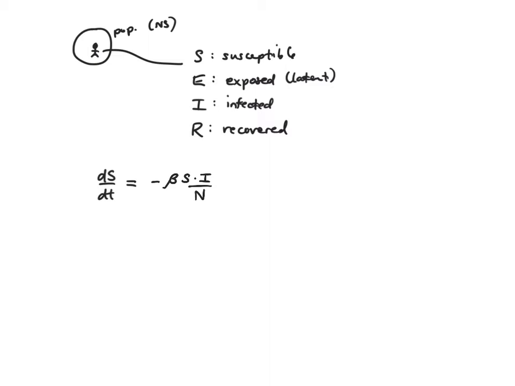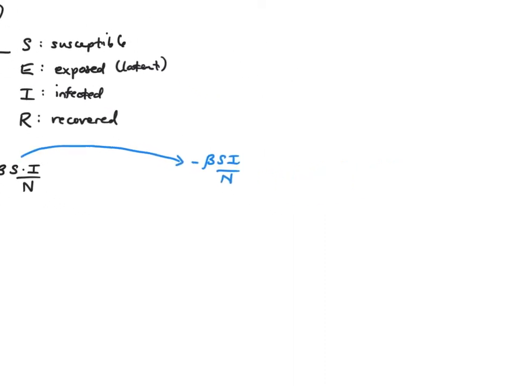All right, and I want to take this term and really break it down. So let's pull it over here. Minus beta S I over N. So what's going on here is infections occur due to interactions between infected people and susceptible people.